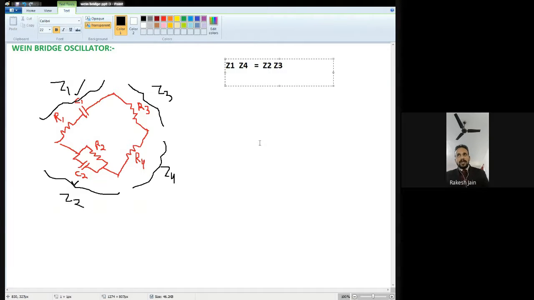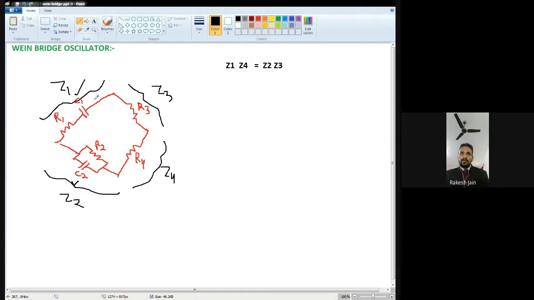Okay, now what is Z1, what is Z2, what is Z3, and what is Z4? See, here R1 and C1, one resistance and one capacitance, are in series. So what should be the impedance Z1? The impedance Z1 should be R1 plus 1 upon j omega C1.